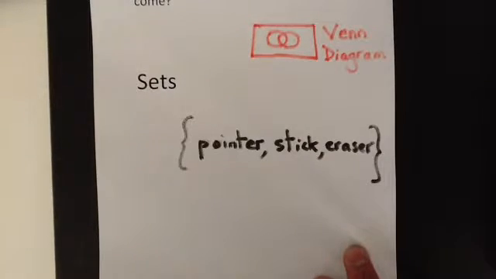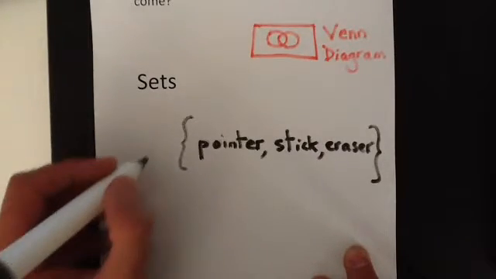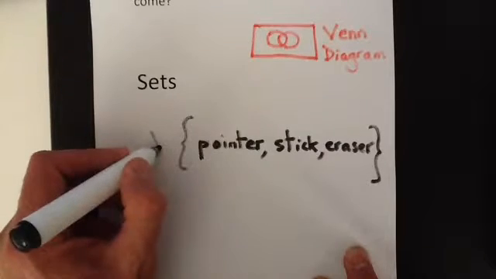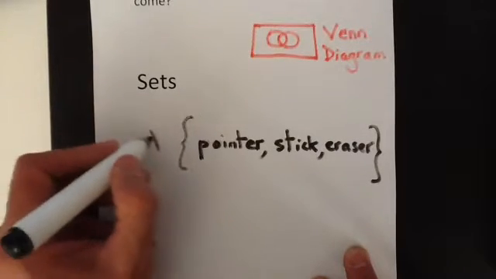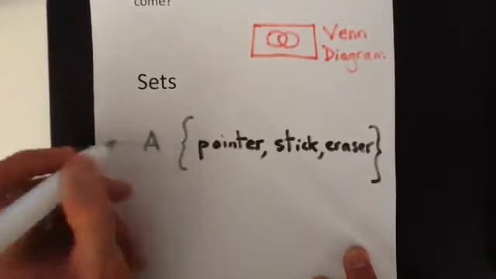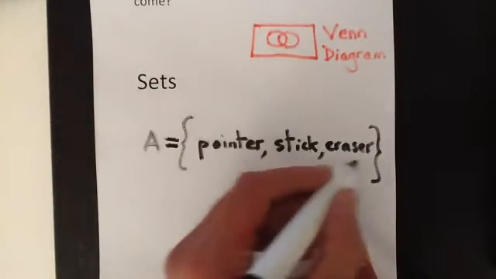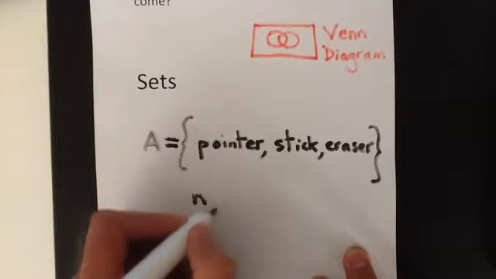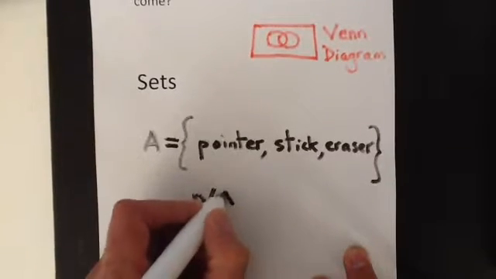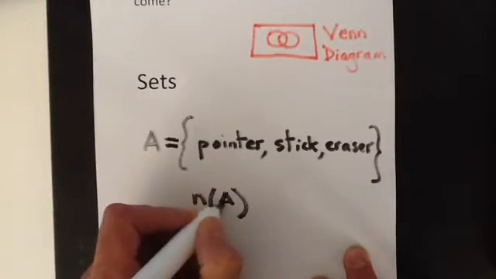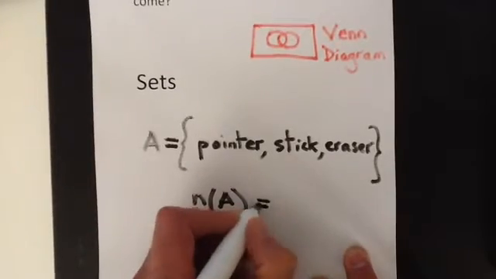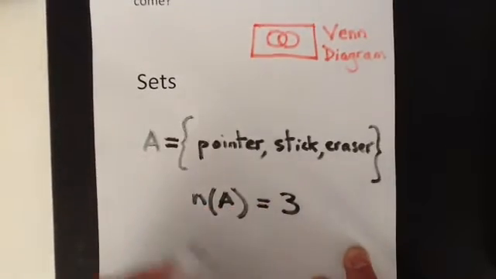And we normally give our sets names, and we use capital letters, so I say A is the set with a pointer, stick and eraser in it. And if I want the number of things in A, I'll write it like that, which is 3.